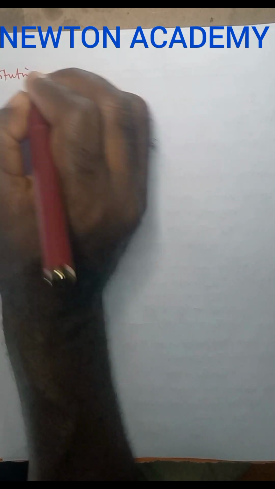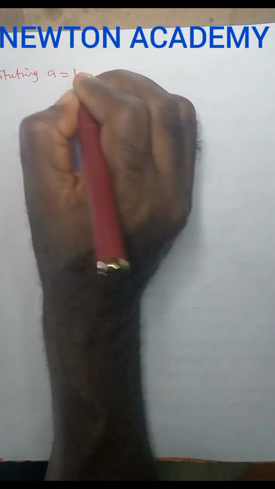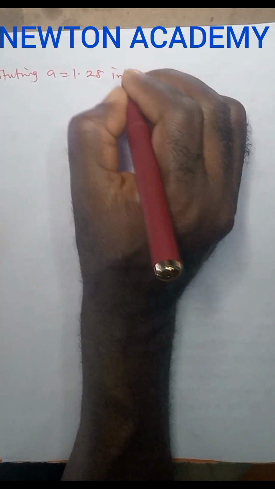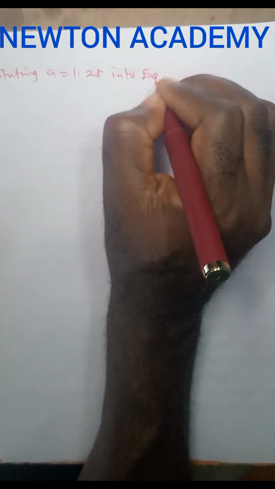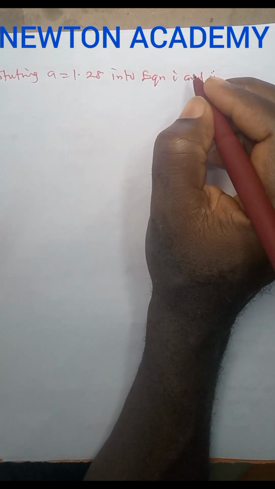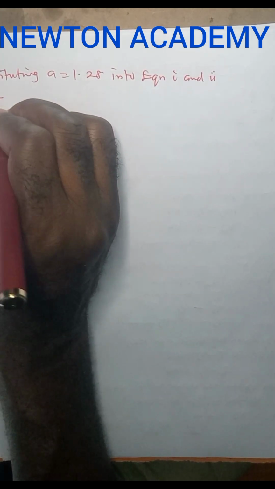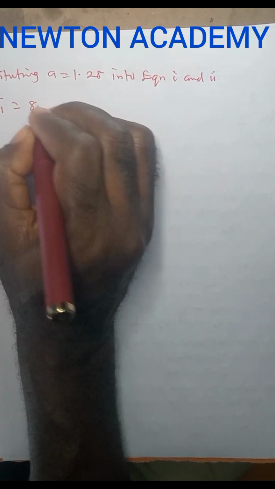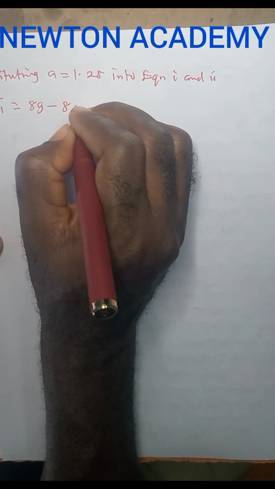So substituting a is equal to 1.28 into equation 1 and 2. Equation 1 says that T1 is equal to 8g minus 8a.